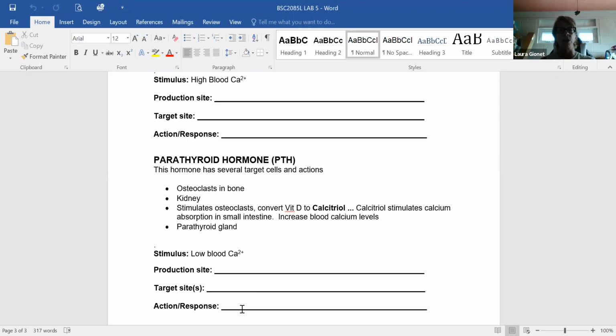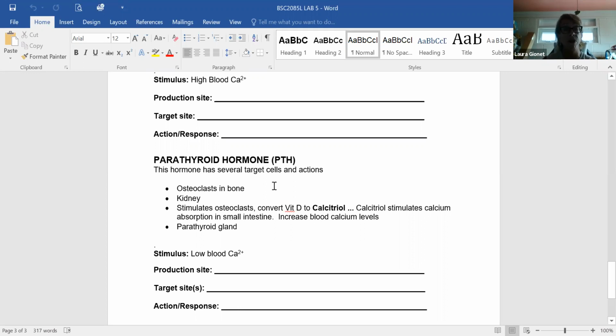Right? And calcitriol travels to the small intestine to increase calcium absorption there. It will also stimulate the kidneys to reabsorb as much calcium as possible from the urine that you're forming there. So there's actually more than one thing that really will take place there.